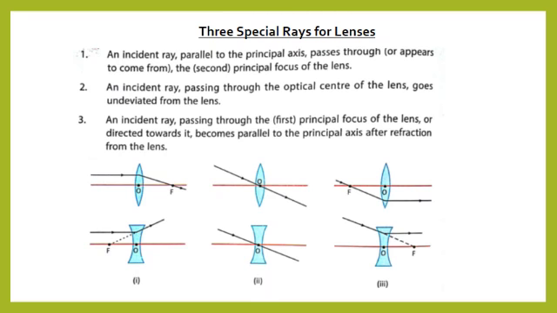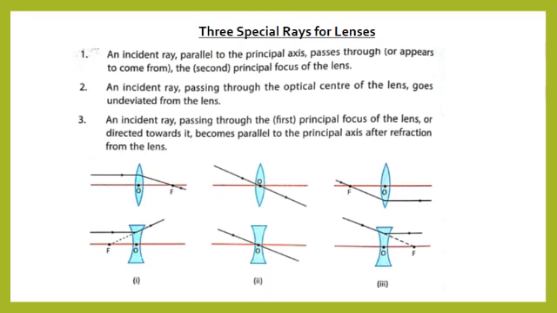Students, carefully look at the figures given on your screen. In the first case, a ray of light parallel to the principal axis passes through the focus. You can see this in the first picture of both the cases, convex as well as concave lens. In the second case, a ray of light passes through the optical center.